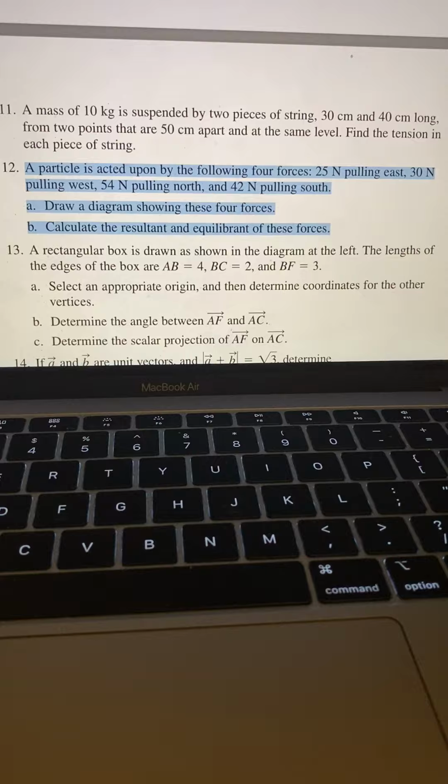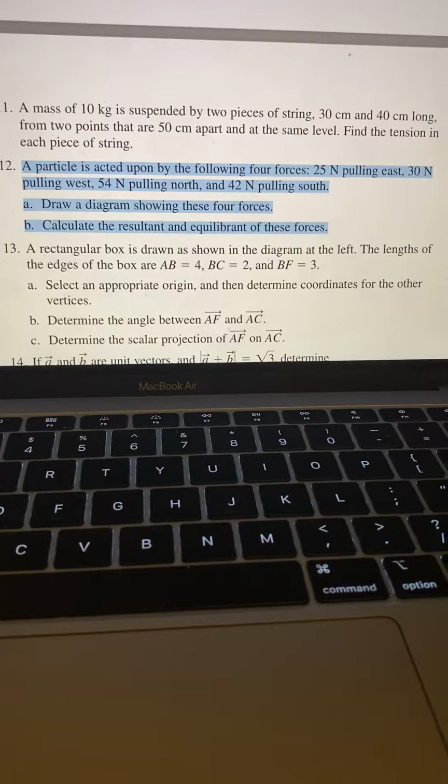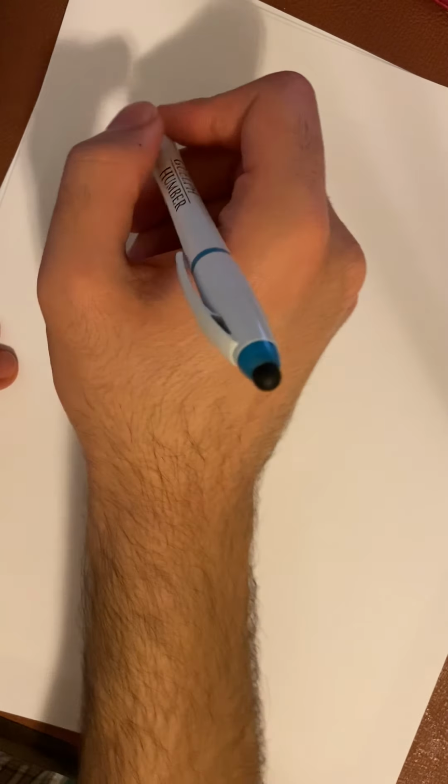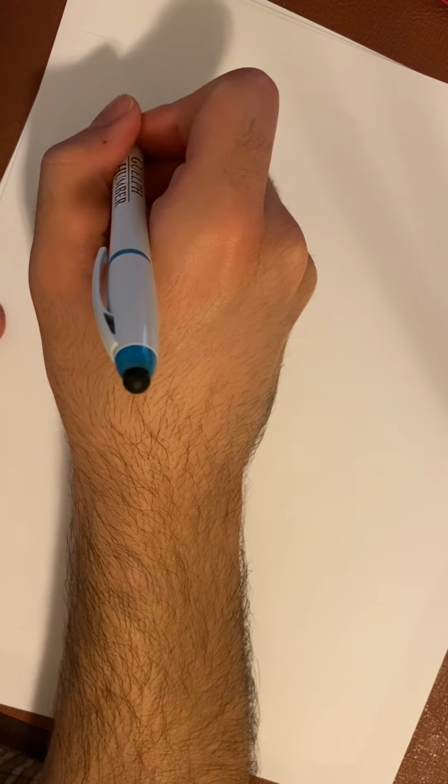So today I'm doing the third part of Unit 5. I picked question 12 on page 418. So I'll start with part 3, page 418, question 12.